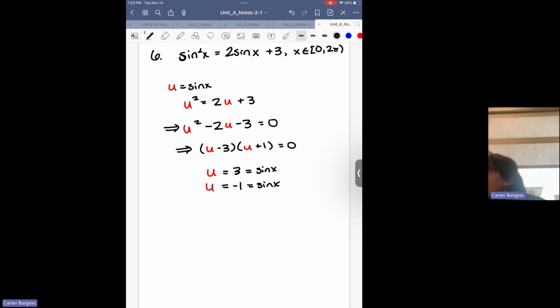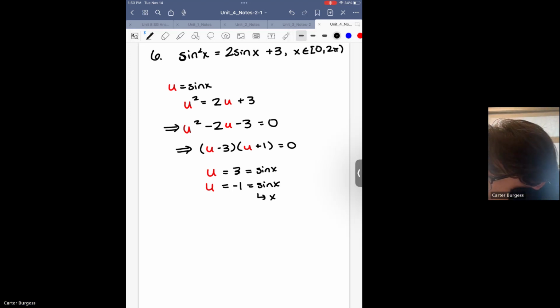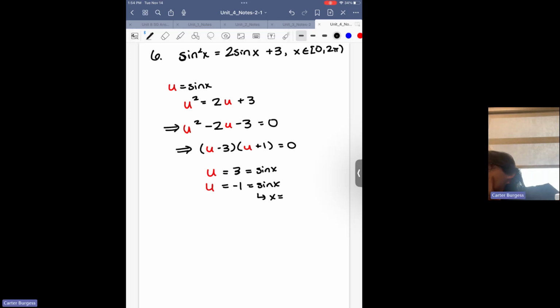When is sine of x, sine of what angle, is going to equal -1? Hmm? 3 pi over 2? Yeah.